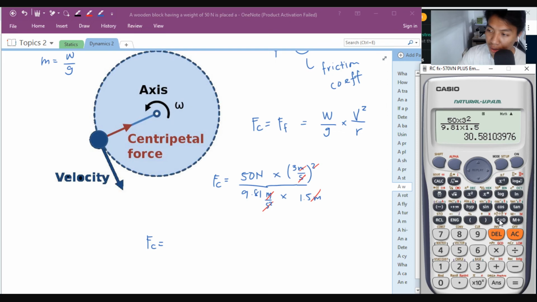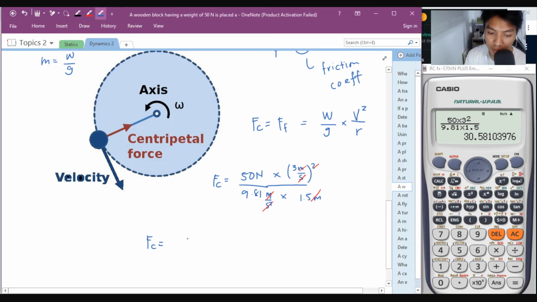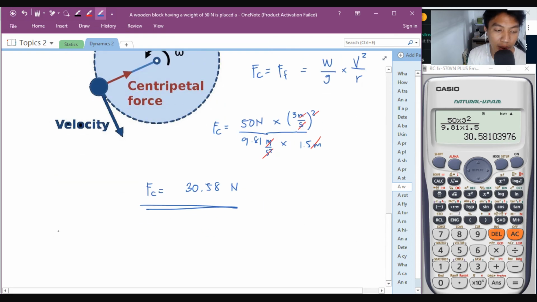The answer there is 30.58 newtons. That is FC. We are out to find the value of FF. So, FF is equal to FC, which is 30.58.